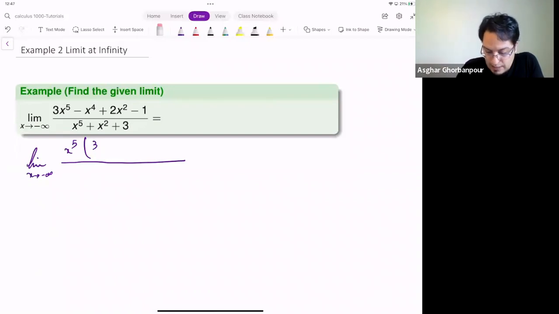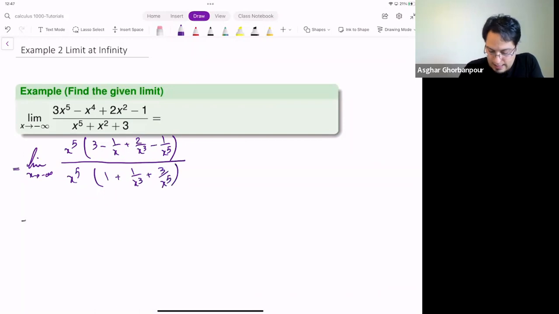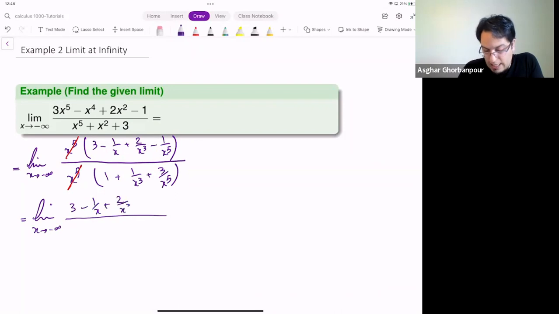So in this case, this will be 1 minus x plus 2 over x cubed. I'm doing some part of those calculations that I had before, but this time a little bit faster. And now I have the limit as x goes to negative infinity. You see, I factor out x to the power 5 from the numerator and the denominator, and these are canceling each other. The remaining is a very nice limit to which I can apply limit laws.